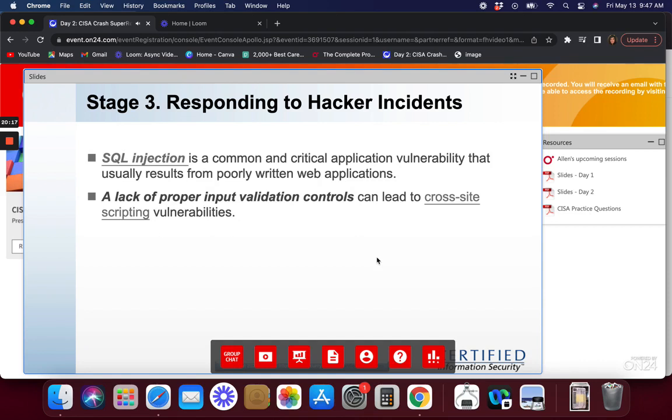Responding to hacker incidents, again, whether it's this exam or your CISM exam or your CRISC exam, ISACA does love asking you about potential SQL injection attacks. Let's say that you have a form online for people to fill in to request support or something of this nature. As soon as you have a form online, that means they're going to be able to input information into your system and you don't know who they are.